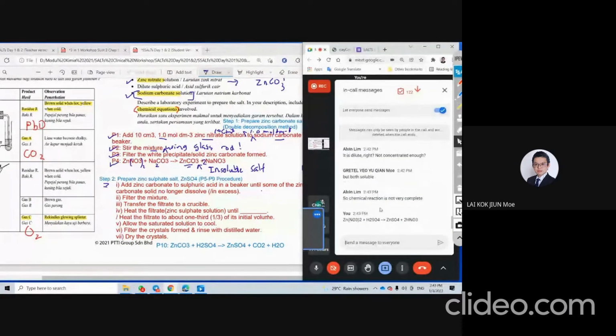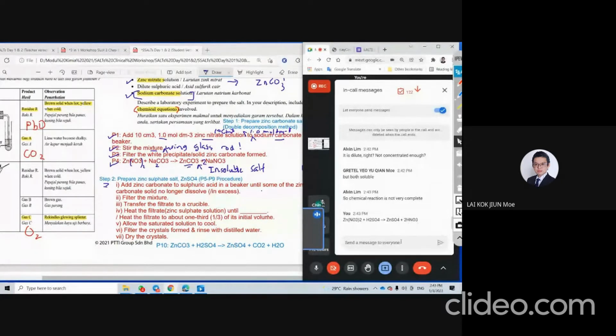Anton asked, is zinc nitrate put inside sulfuric acid, H2SO4? Yeah, it will cause another problem. You will form zinc sulfate. Zinc sulfate is also soluble, and the nitric acid is also soluble.